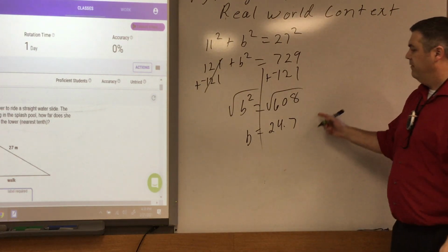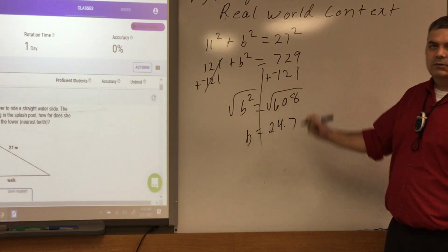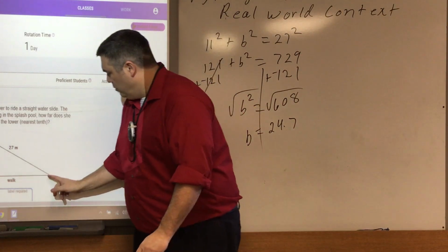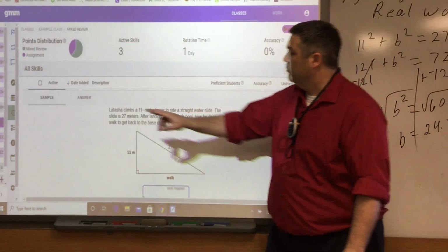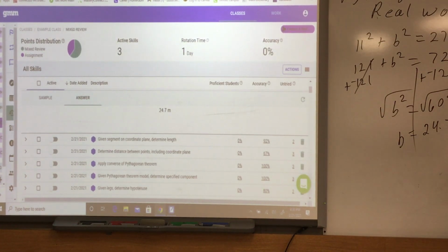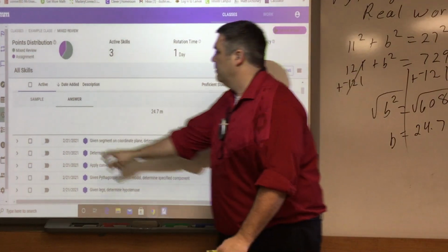It was 24.65, so the 5 rounds that 6 up to a 7. 24.7 meters walk from here to here. Again, we're just going to look at the answer, so I don't have to go there and plug that in. 24.7, we're good to go.